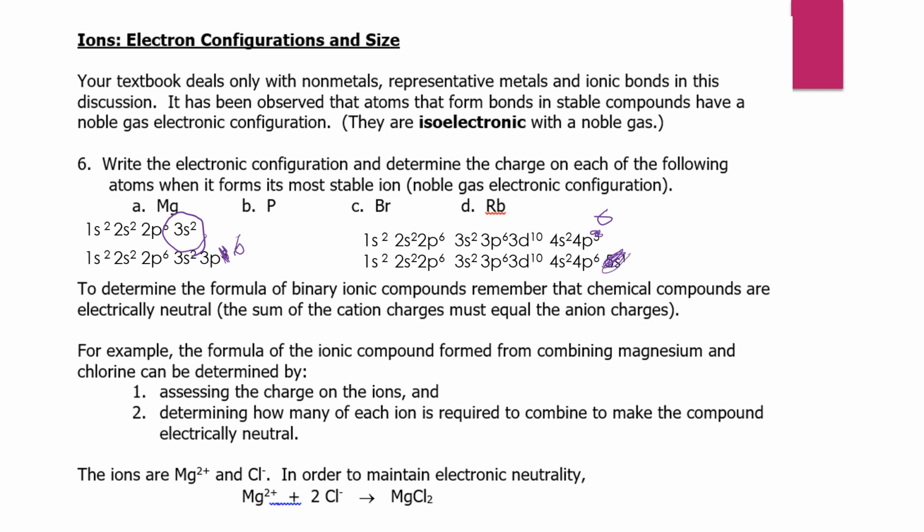And you can see that bromine and rubidium actually have the same electron configuration as ions, because they are isoelectronic to the same element once they're ions. And that term is also right there, isoelectronic. Yes? Yep.